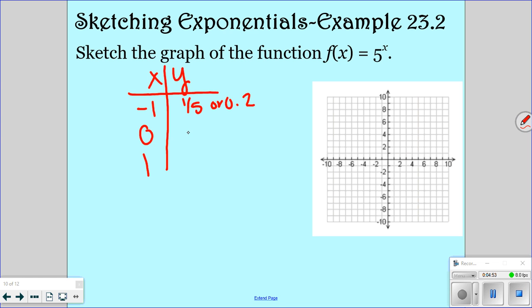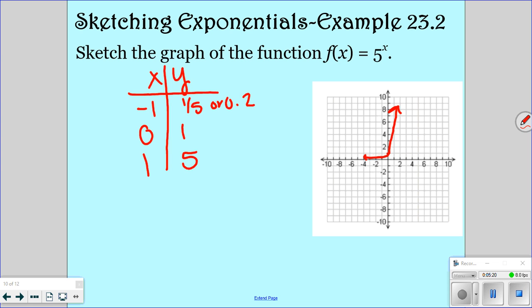If you plug in 0, you'll get 1. And then if you plug in 1, you get 5. So if you go and graph these, it should look like that. And so that would be the sketch for this exponential.